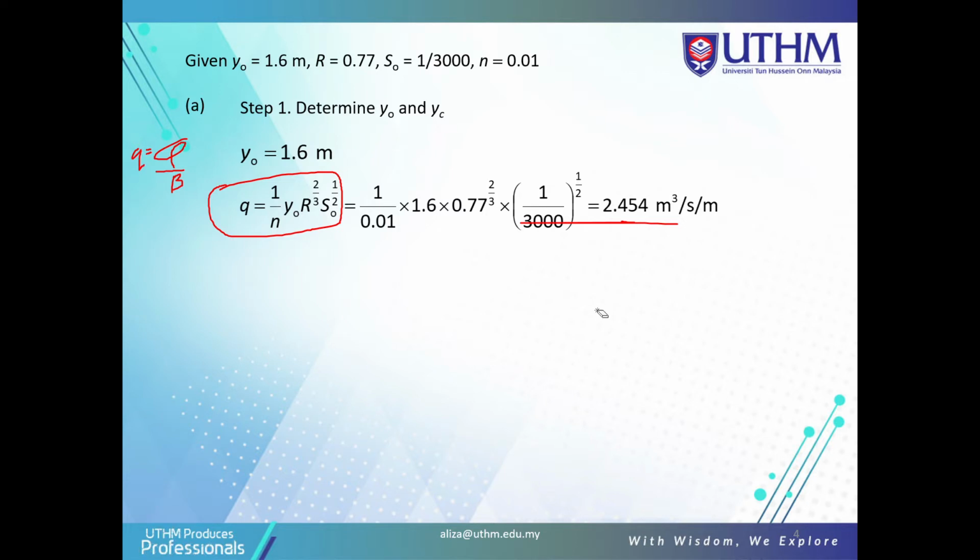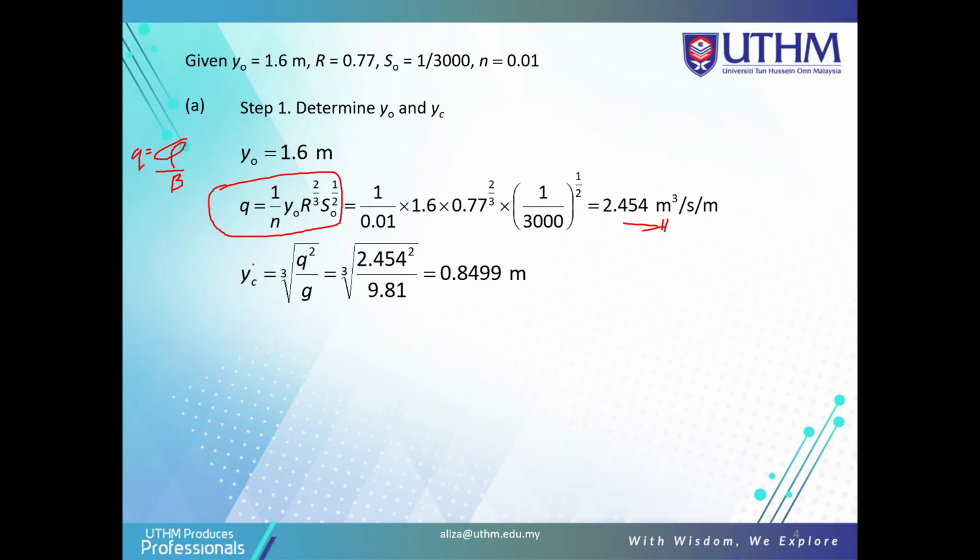So we get the value of 2.454 meter cube per second per meter. So that is the discharge per width.